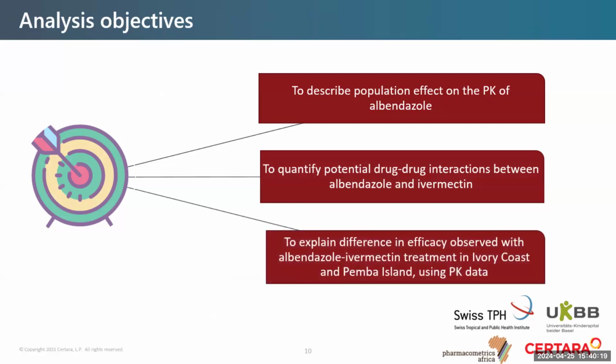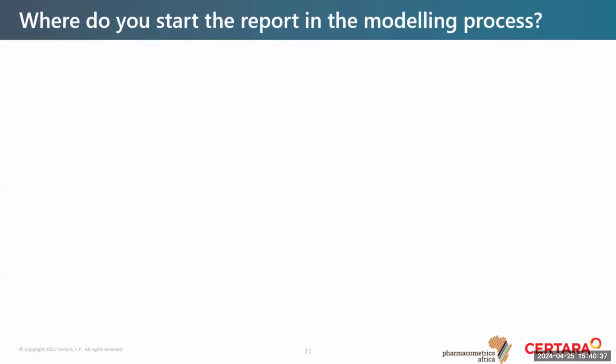And lastly, we wanted to explain difference in efficacies observed between the combination treatment, albendazole ivermectin treatment, in Ivory Coast versus Pemba Island in Tanzania. And we wanted to accomplish this using the PK data we had. So that's just an overview of the project we had to deal with.